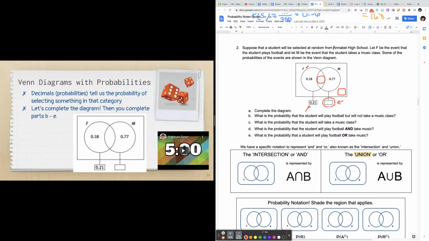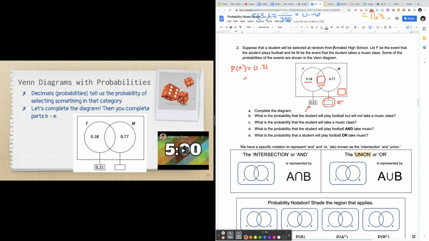So like the total probability or percentage of students that play football is 21%. Okay, so what that means is that these two components, this one and this one, have to add up to 0.21. Okay, so I know that the probability of football is 0.21.